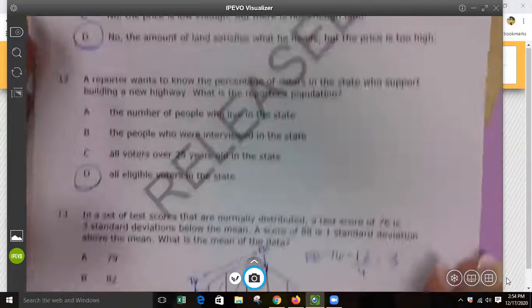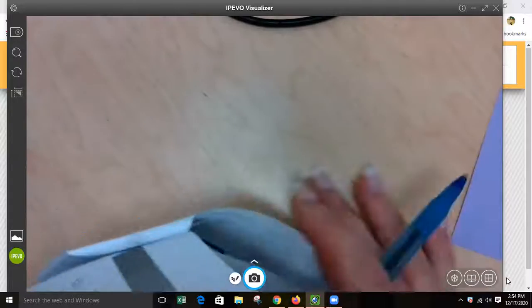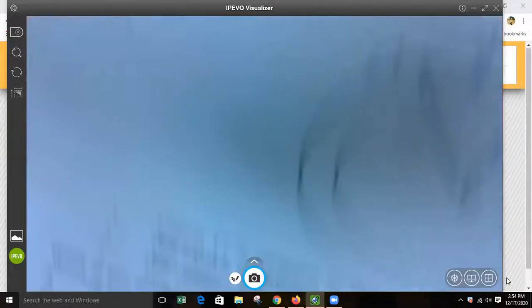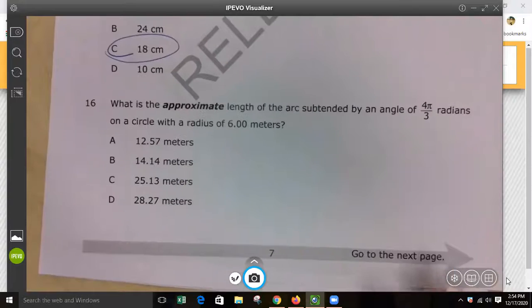We did 14. Look at 16. What's the approximate length of the arc subtended by the angle 4 pi over 3 radians on a circle with a radius of 6? Okay.